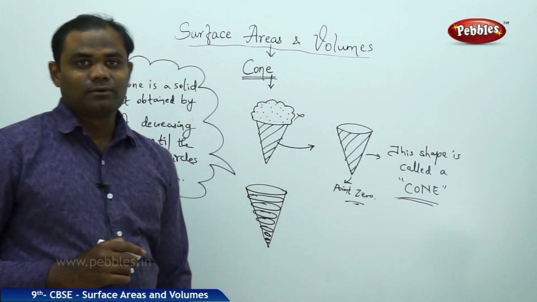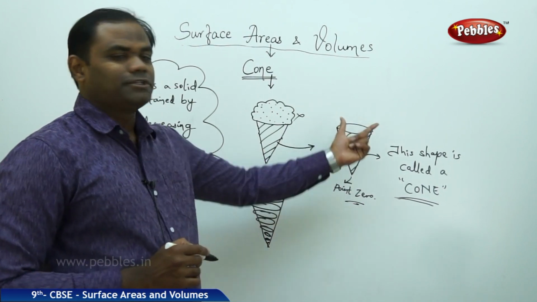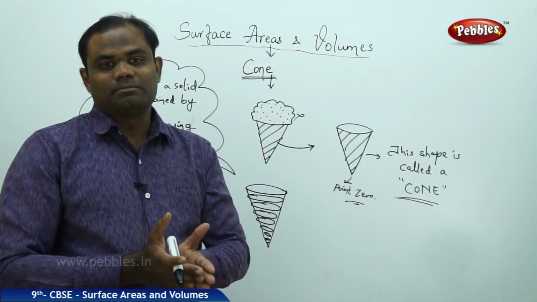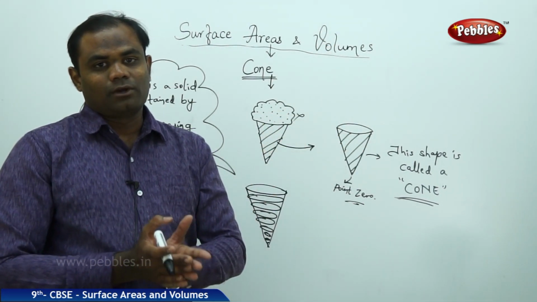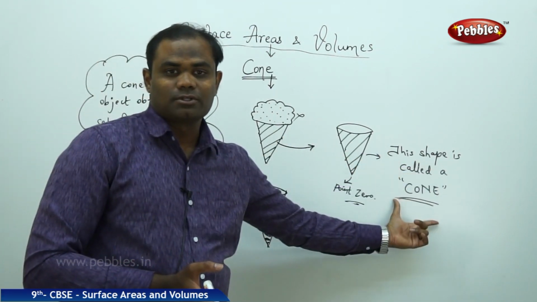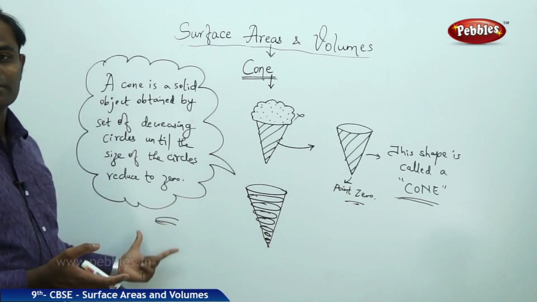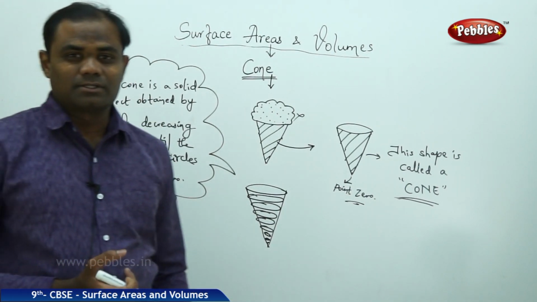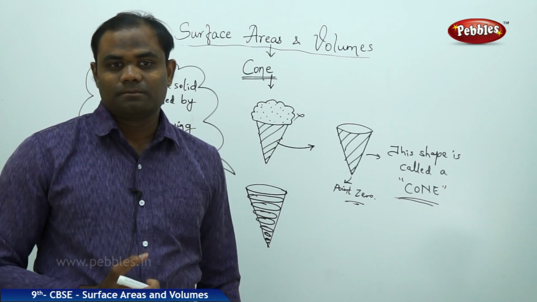Through this point 0, we get a cone which is in the shape of a V-shaped object. A cone derived from an ice cream cone is understood in the mathematical sense through this definition: a set of circles diminishing to the point 0.